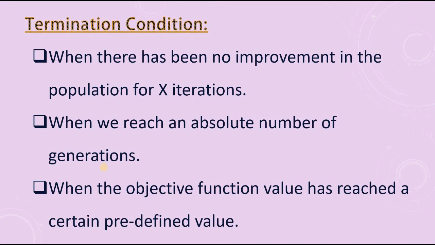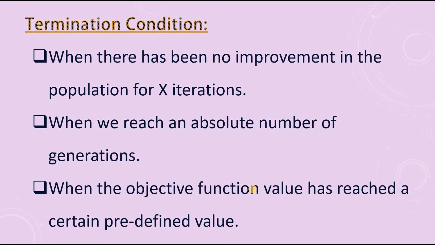Suppose we have to go up to a certain number of generations; when we reach that number, we terminate. Third, when the objective function value has reached a certain predefined value. Suppose a predefined value is given with our objective function, and when our optimal solution touches that predefined value, we can also terminate.